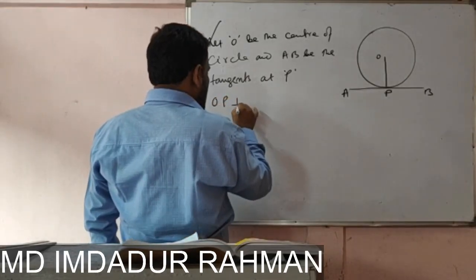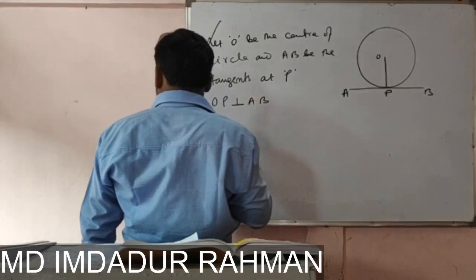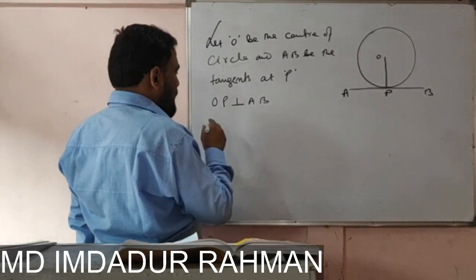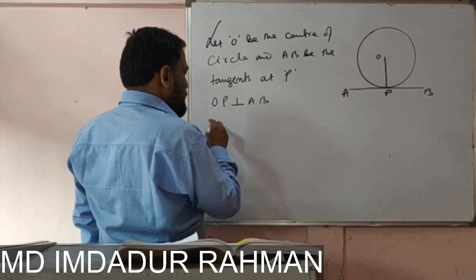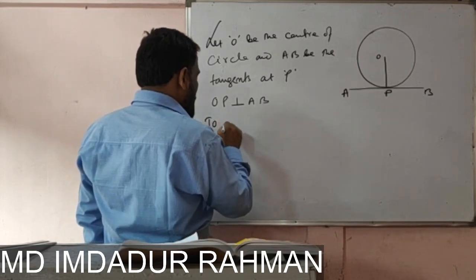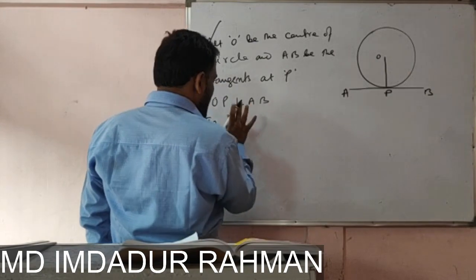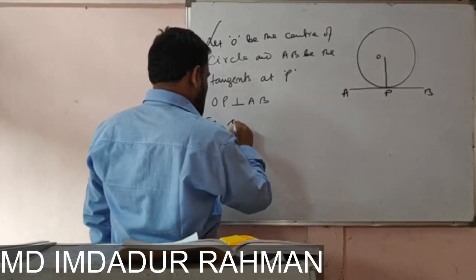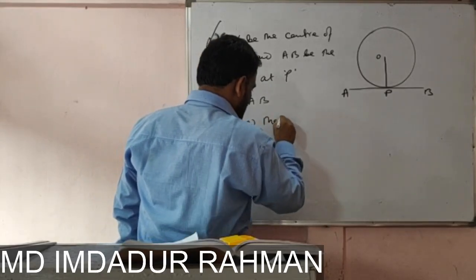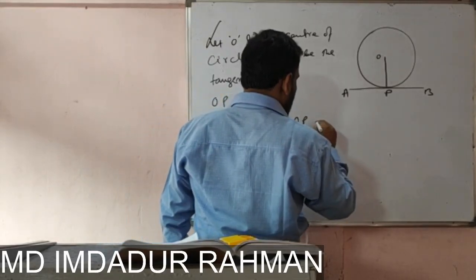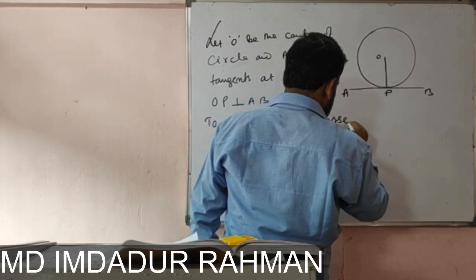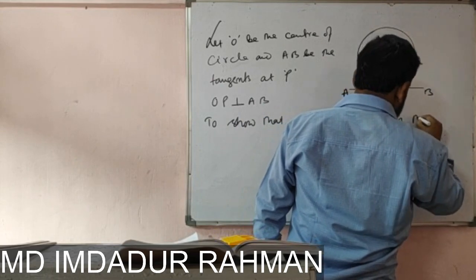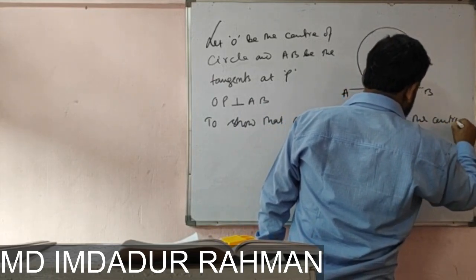OP is perpendicular to AB. We have to show that OP passes through the center only.